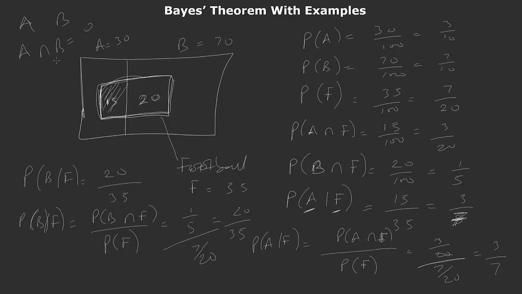In other words, the two events should not intersect. And what that also means is the probability of A plus the probability of B must be equal to 1. So that's one condition you need to note. When computing things within the realm of Bayes theorem, the sum of the marginal probabilities of all the alternative events must be equal to 1. So now let's take a look at more examples.